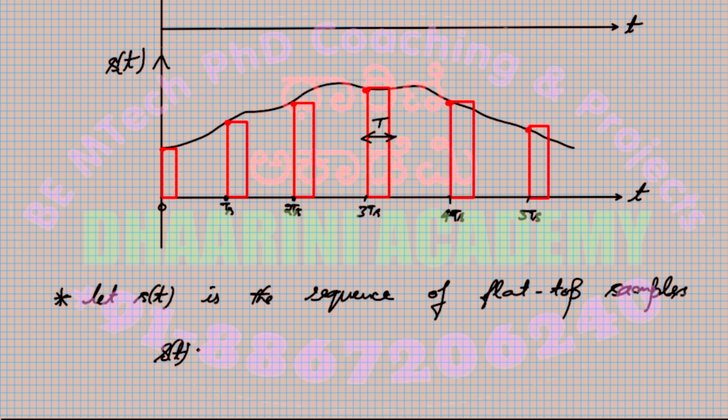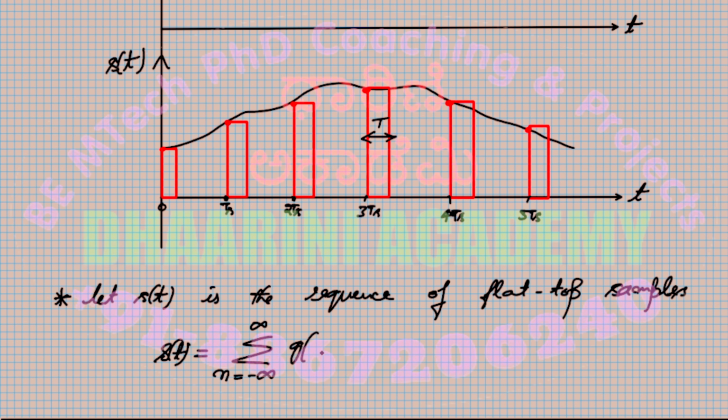That s of t should be equal to, you just make a change in our previous equation, that's all. It's actually g of t multiplied with a series of rectangular pulses denoted by h of t minus nTs. But anyway we know that the scaling factor is g of nTs, so the sum is over n equal to minus infinity to plus infinity.